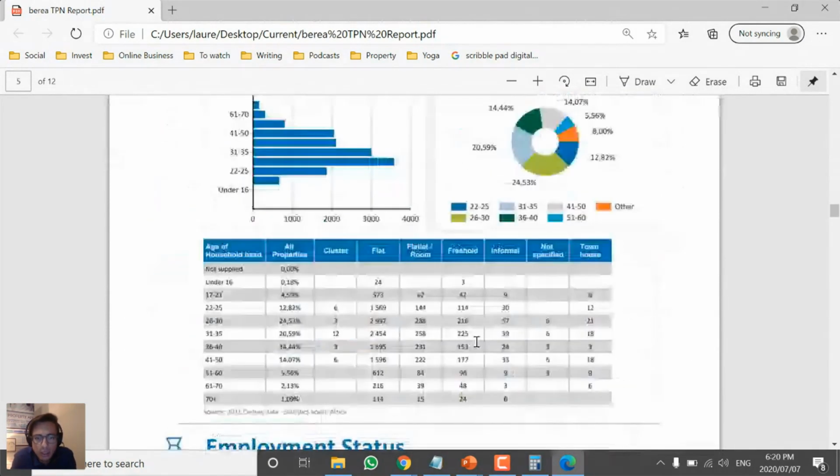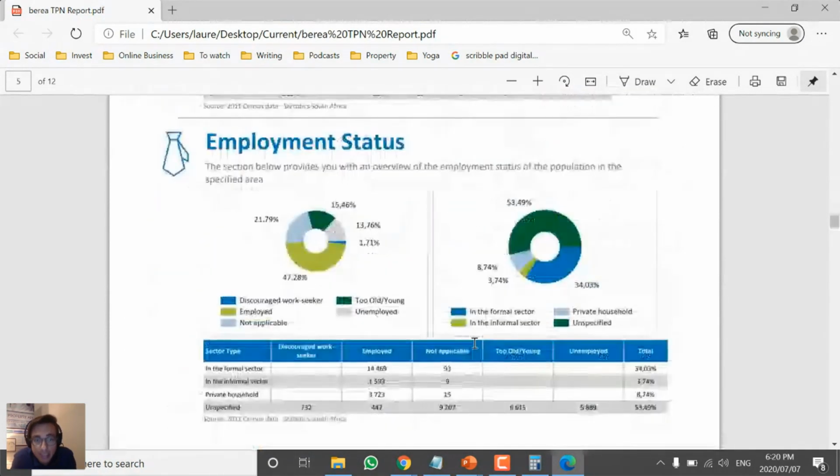I also very much look at the employment status. So what you can see here, and this is just my opinion, but it's quite interesting. You've got 34% in the formal sector, 3% in the informal sector, and then you've got here about 54% that is unspecified.